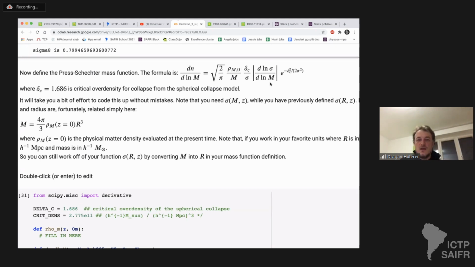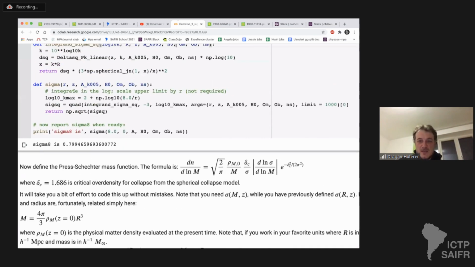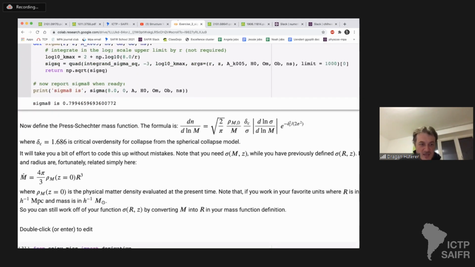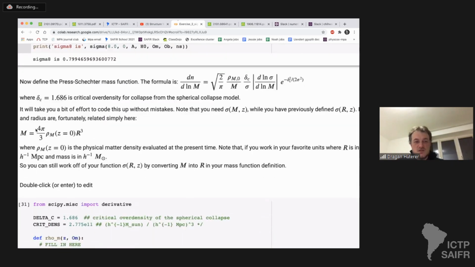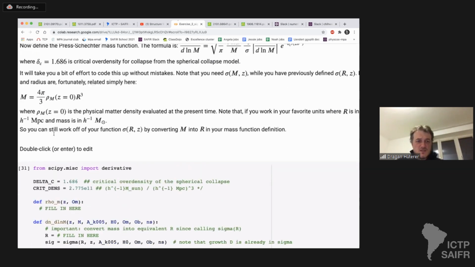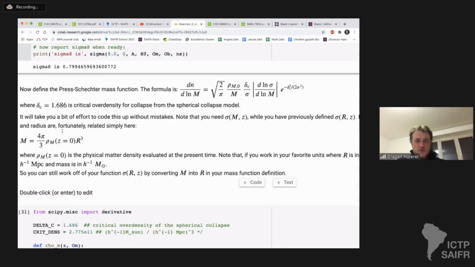Our sigma doesn't depend on M, it depends on R, but you can relate M and R. So dsigma/dM is going to be like dsigma/dR, except M and R are related in this way. We can trace this back to the simplest model, where the mass in some volume of radius R is just the mean mass in that volume. You relate it through that.